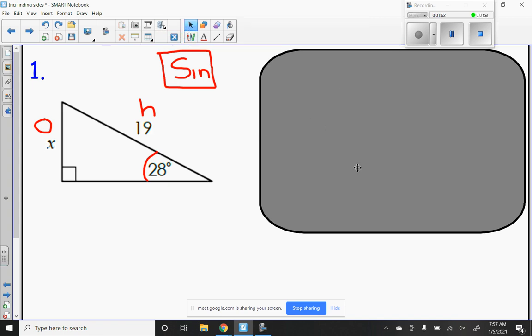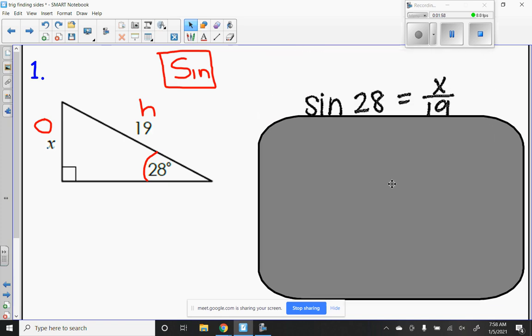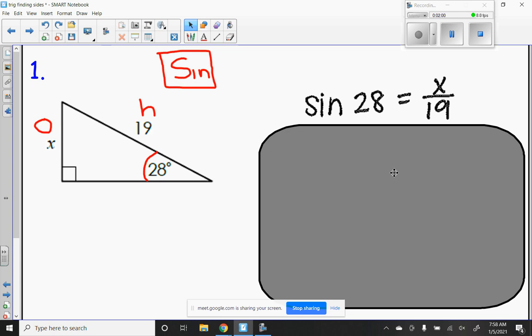So let me show you, I got the work already done here. Let me show you what the equation looks like. It's not a very big equation. It's really not hard to do as long as your calculator is working correctly. So let me show you how we set this up.